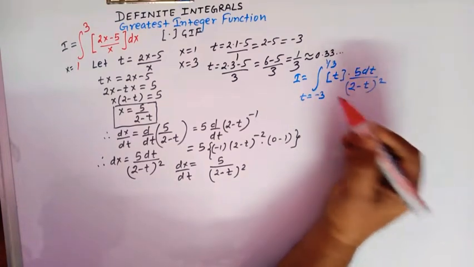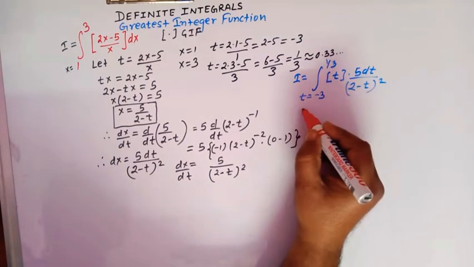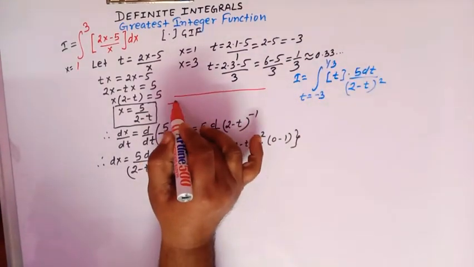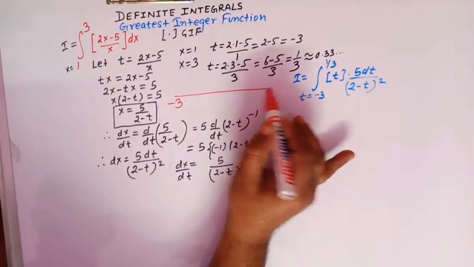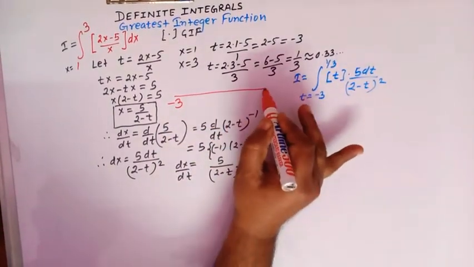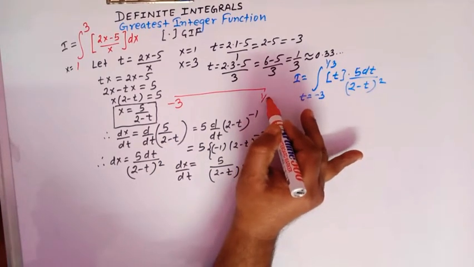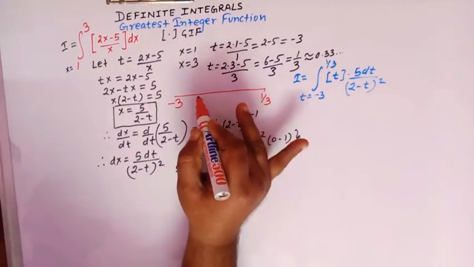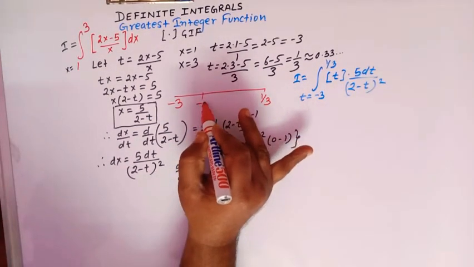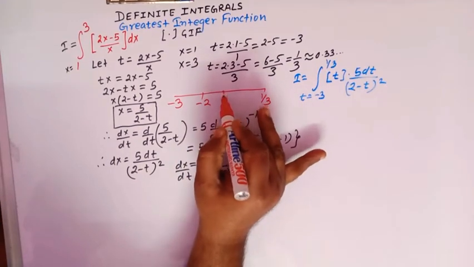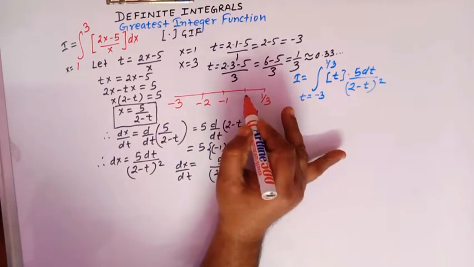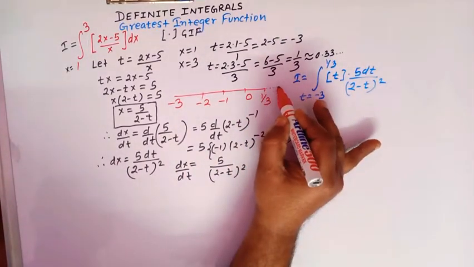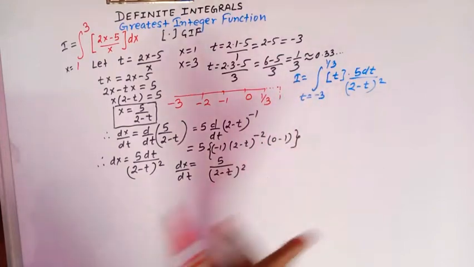Now we have this integral, and let us use the definition of the greatest integer function. We see that the value of t varies from minus 3 to 1 over 3, and between minus 3 and 1 over 3 we have the integers minus 2, then minus 1, then 0 somewhere here, and then we will have 1.